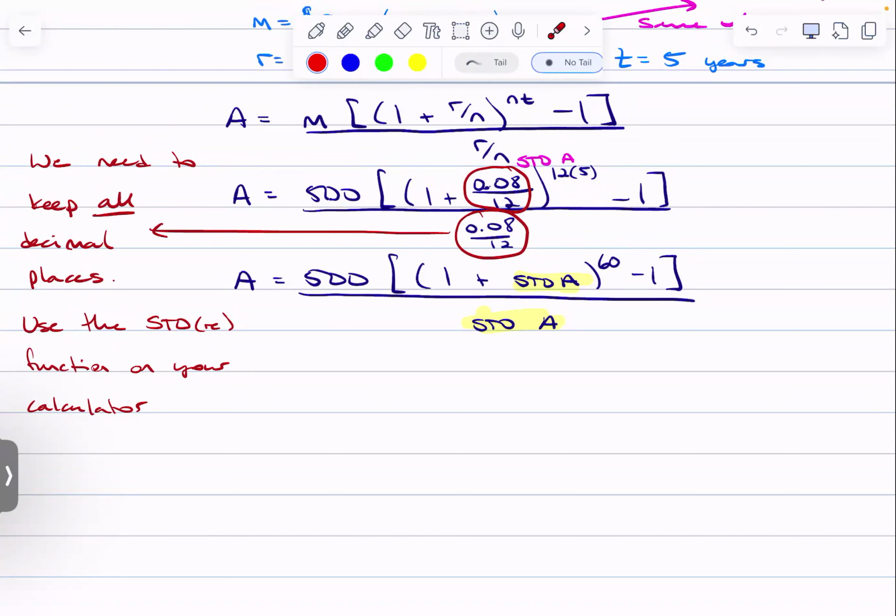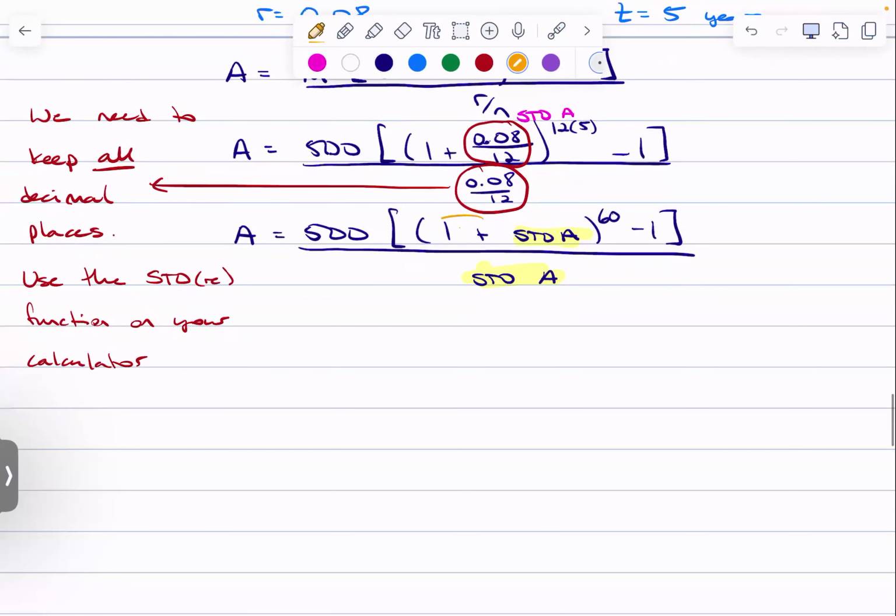That's going to be a lot easier if you just do it on your calculator, but you want to do it in the right order. So to encourage you to do it in the right order, I'm going to write it out with each step one by one. And I'll even highlight what it is I'm going to do next.